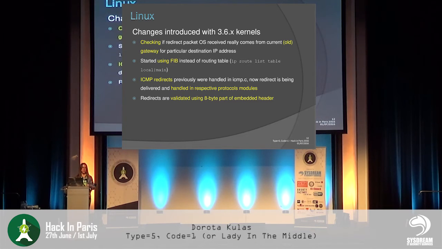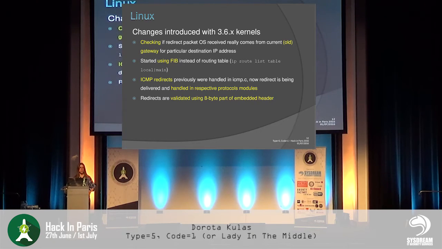So it can't just be any redirect packet. We have to know what the default gateway for that particular destination is. They started using FIB, so forwarding information base, instead of the routing table.